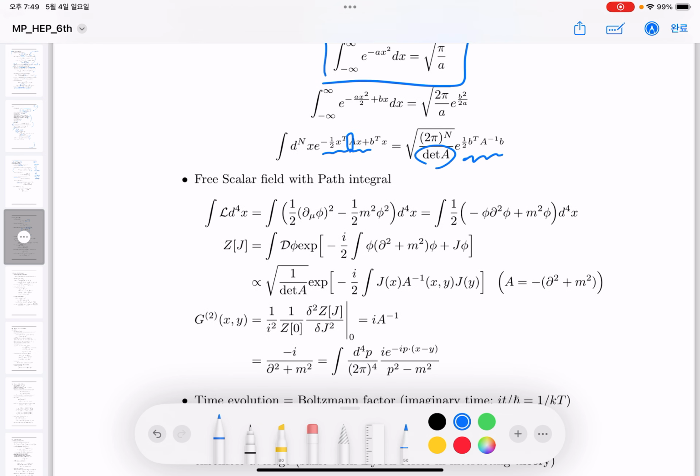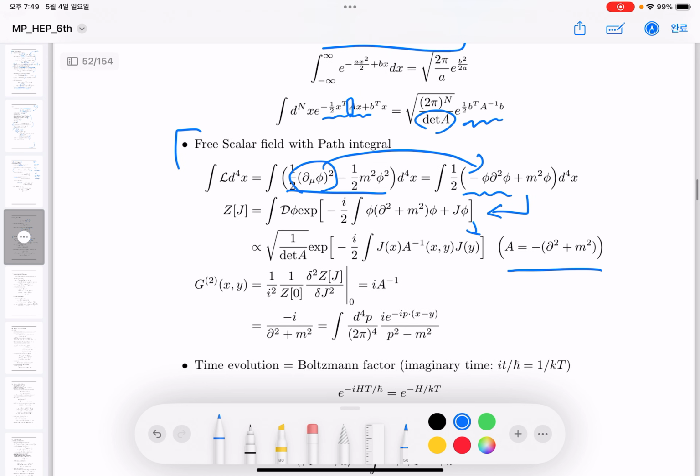So for example, for the scalar field, this is the Lagrangian, and by the partial integration, the kinetic term can be converted like that. This is a quadratic term form, so the evaluation of this Gaussian integral gives such a form, one over the root of the determinant of A, where A is given by the partial squared plus m squared.